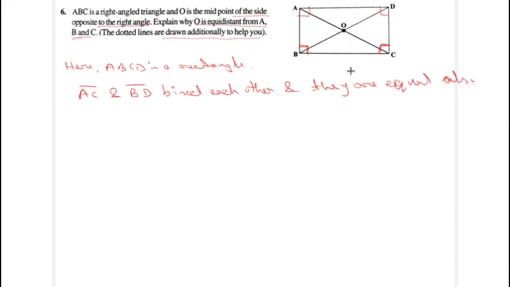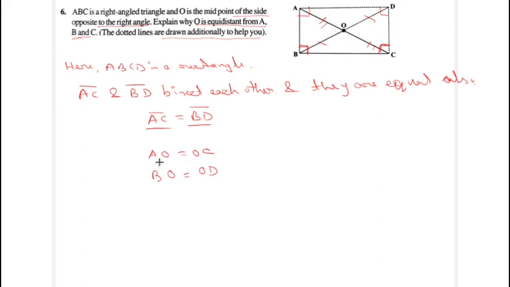Now in a rectangle diagonals are equal, so AC equals BD. Yes, these two are equal. Now as they are bisecting each other, we can say that AO equals OC, and BO equals OD, so these parts are equal.